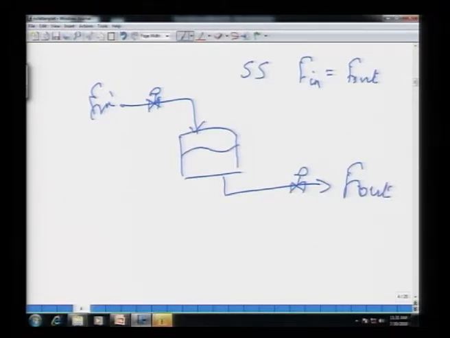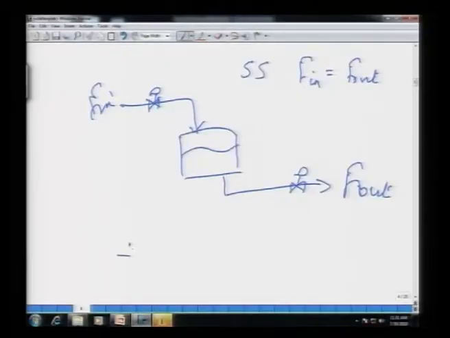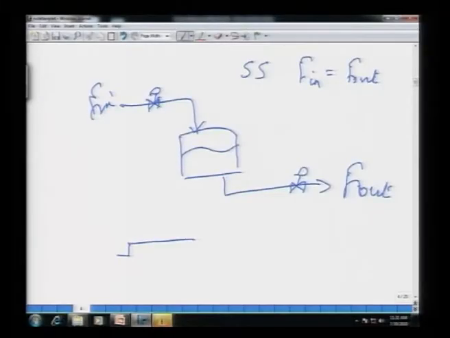Now, let us say at time t equal to 0, the flow in goes up slightly as a step. What will happen to the level? Flow out is maintained at the same value as it was before. So, flow out remains at the same value, flow in goes up, the level will slowly start to rise and it will keep on rising, right.